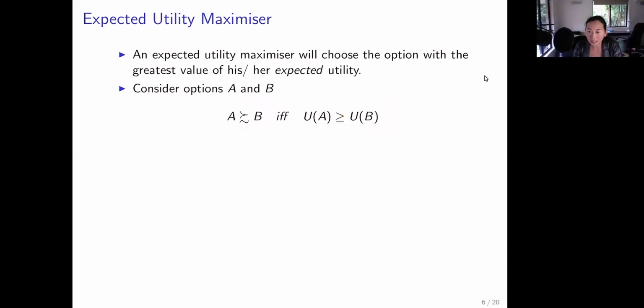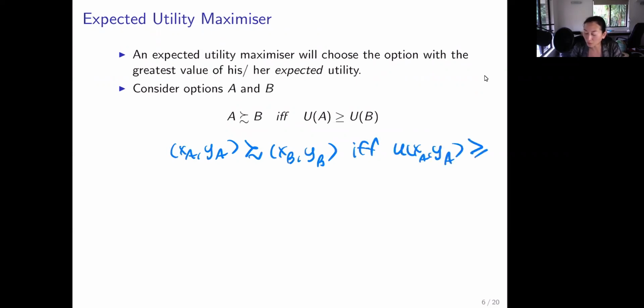In the past, you would say, I weakly prefer bundle A to bundle B. In the certainty case, XA, YA is weakly preferred to XB, YB if and only if U of XA, YA is greater than or equal to U of XB, YB.